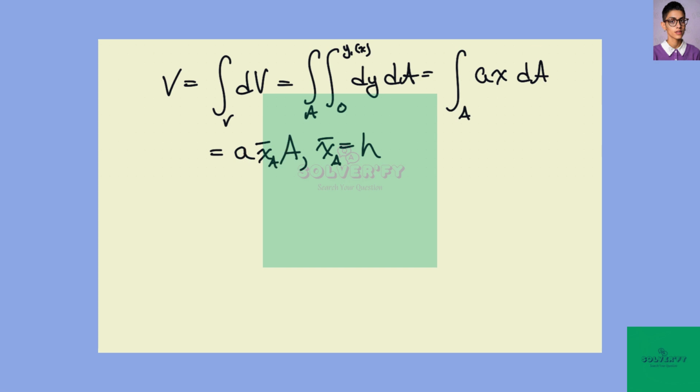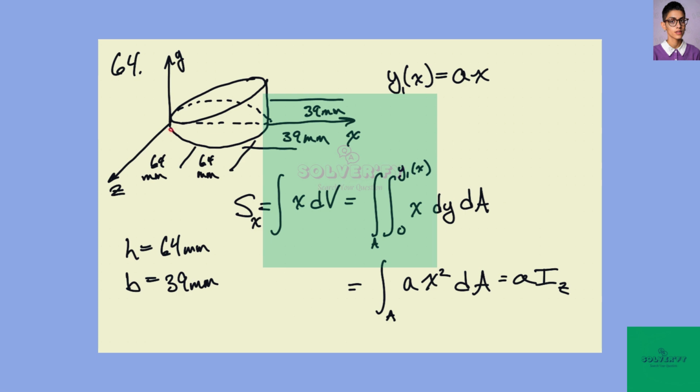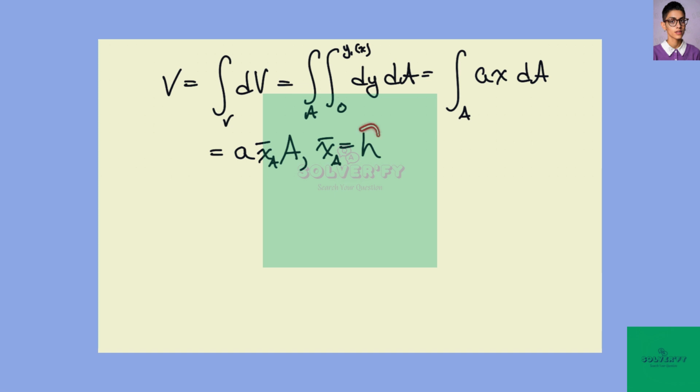So we can look that up. Well, we can just figure it out. The centroid of the ellipse is at a distance, I call it h, but it's 64 millimeters. Right? So we know that, and we can look up the area of the ellipse.